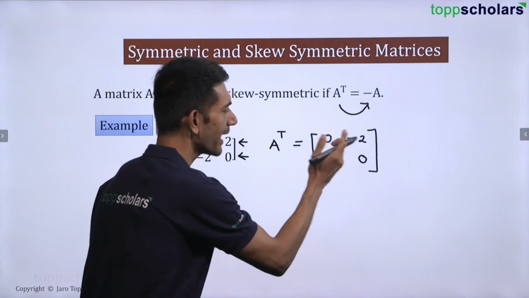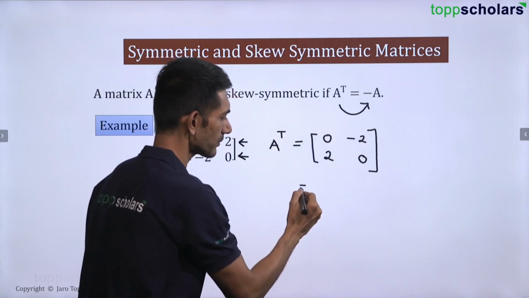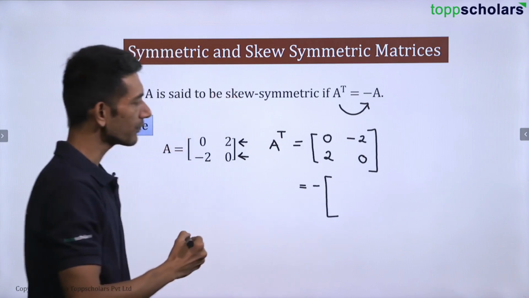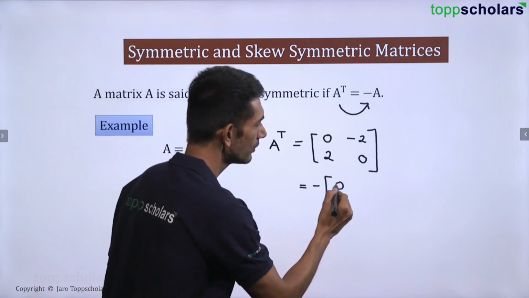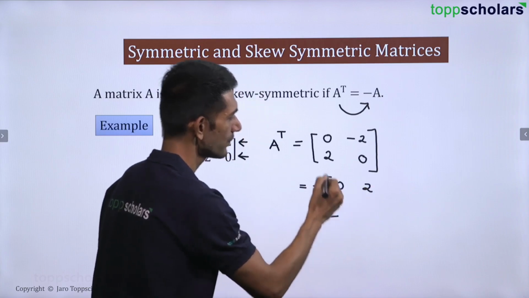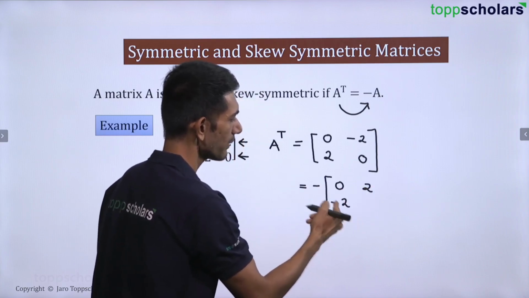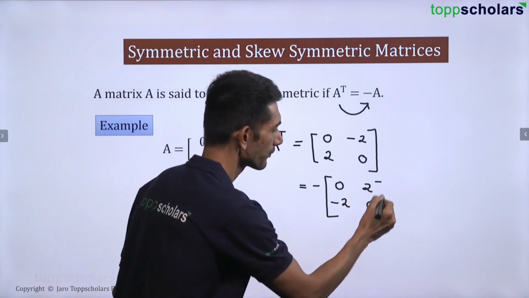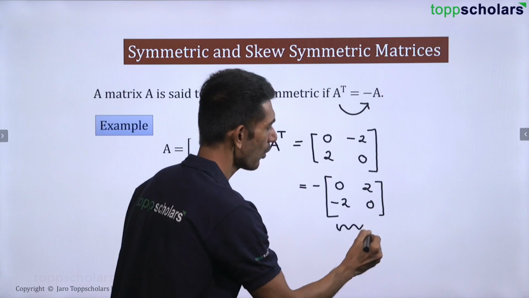Now tell me one thing, observe very carefully. If I take this minus sign outside, what will remain? I will have 0, this is 2, this will become -2 because -2 into -1 is 2, and this will become 0. But what is this?